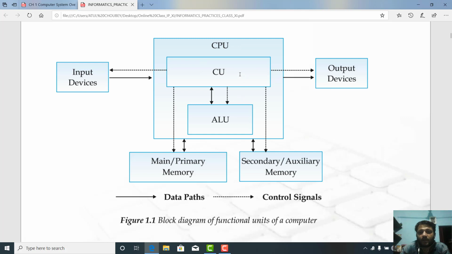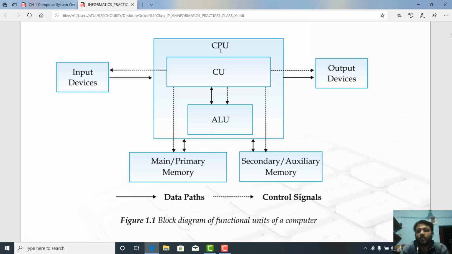There are two units, first is CU and second is ALU, and third is called the memory unit. Means CPU is built with these units.